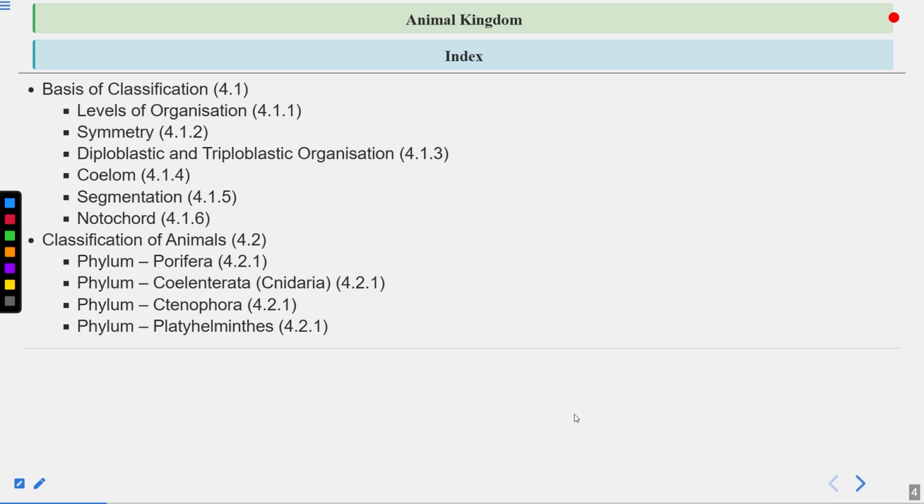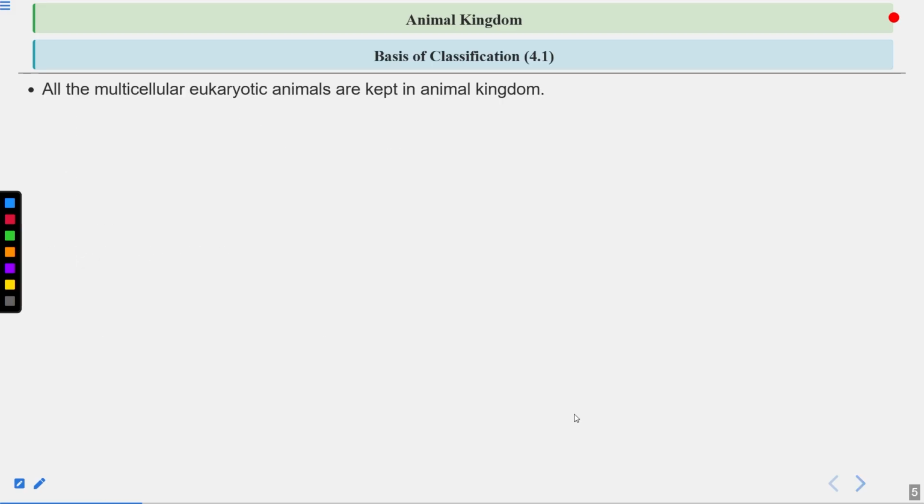In the basis of classification, we will mostly focus on the level of organization, symmetry, diploblastic and triploblastic organization, coelom, segmentation and the notochord. In the classification of animals, we will look into the phylum Porifera, phylum Coelenterata, phylum Ctenophora and phylum Platyhelminthes. So the first thing we will discuss in today's session is the basis of classification.